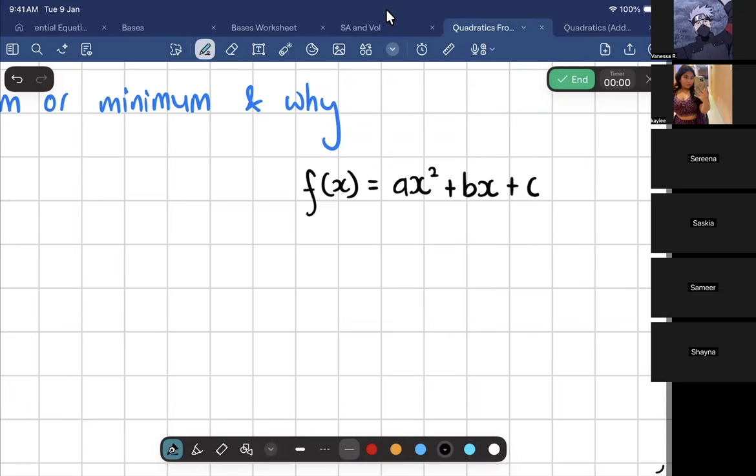So ax squared plus bx plus c. Now, if a, which is the number in front of x squared, is more than 0, that means a is positive. Think about it. If I tell you a number is more than 0, logically, that means it's positive or negative?